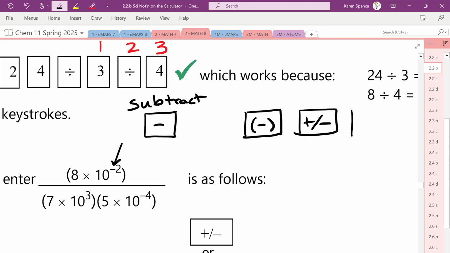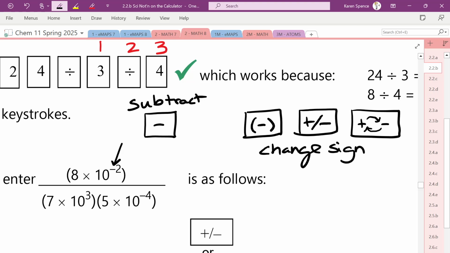There's a couple of calculators out there where it looks like this, with little swappy arrows. It's going to look like one of those three things. Okay? This says change the sign. Usually it means make it negative, but you could also use it to make it positive. So if you have a negative value, you can use that to make it positive. Usually it means make it negative.